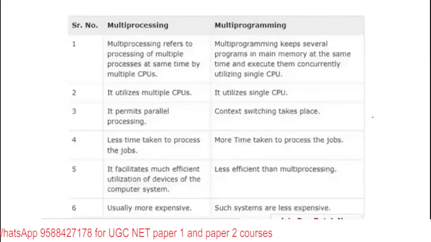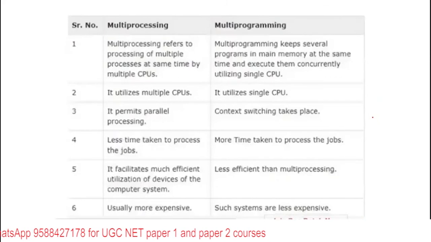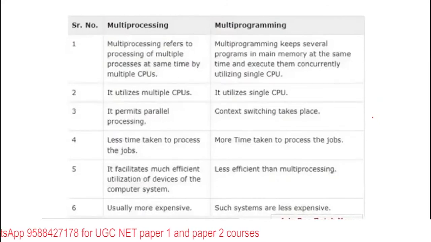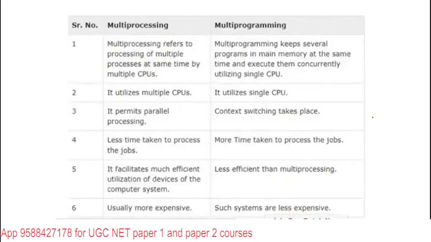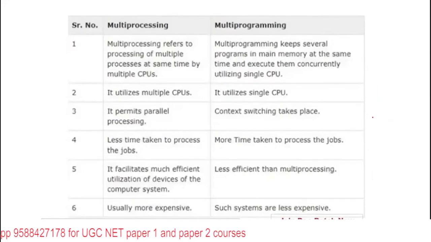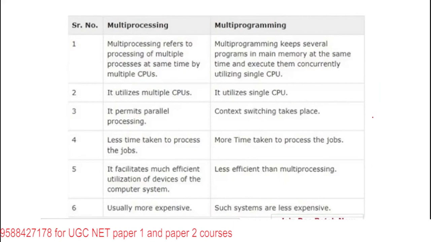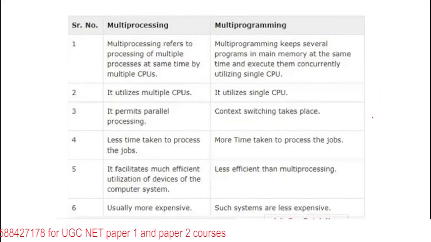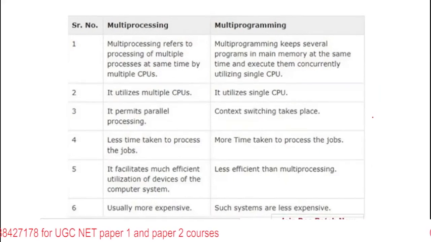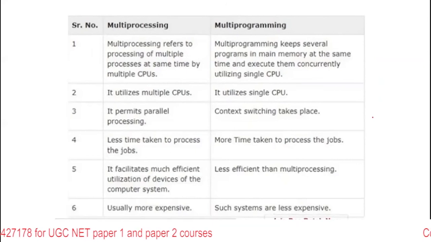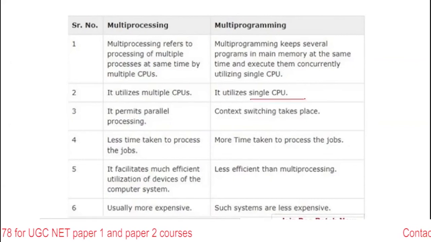Then there is something called multiprocessing and multiprogramming also. Multiprocessing refers to multiple processes at the same time by the CPU. Multiprogramming keeps several programs in main memory at the same time and executes them concurrently. Multiprocessing utilizes multiple CPUs, while multiprogramming utilizes a single CPU.